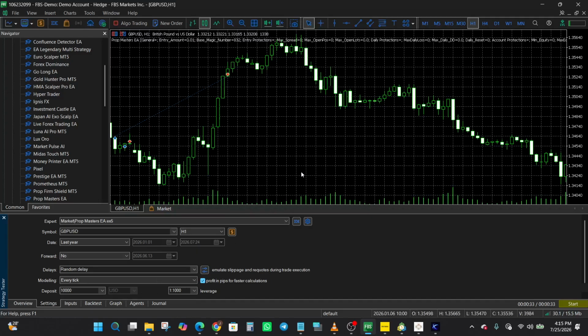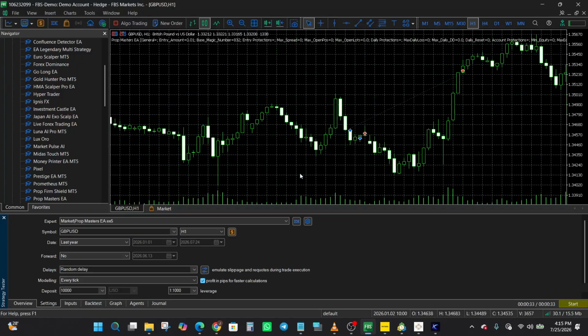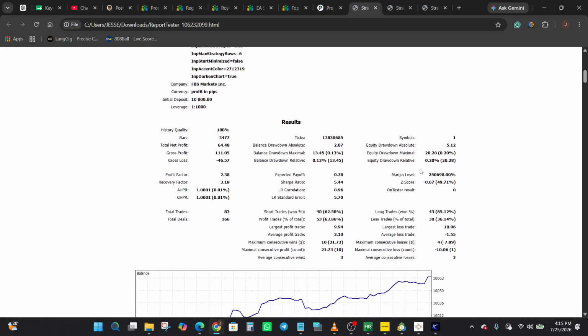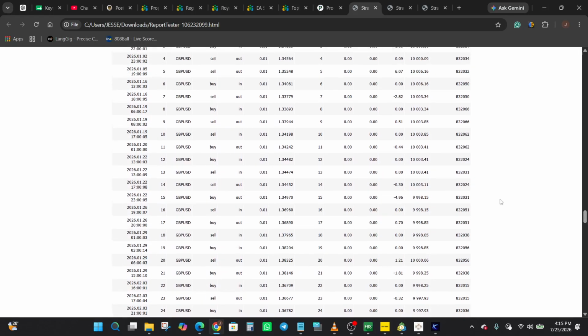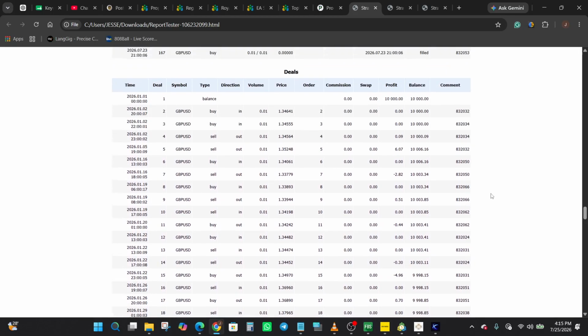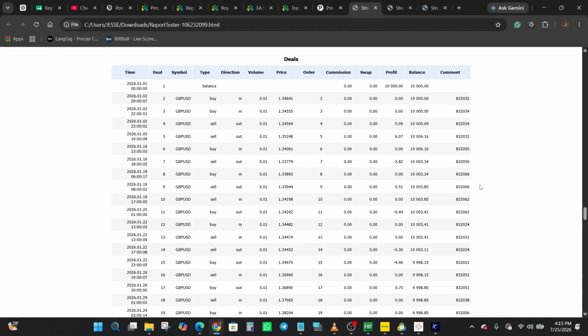So looking at the historical chart and also observing the trade log, we can see how the strategy manages positions. The EA executes both buy and sell trades, each hard coded with structural stop loss and take profit levels right at order placement.